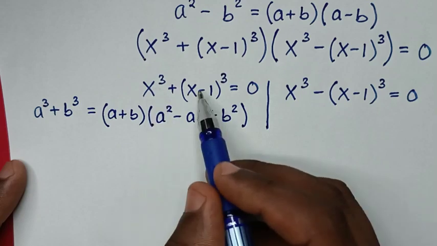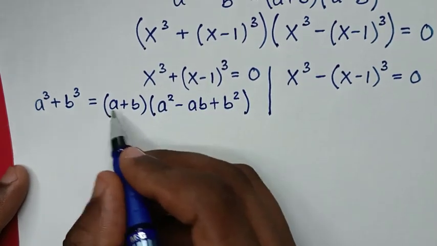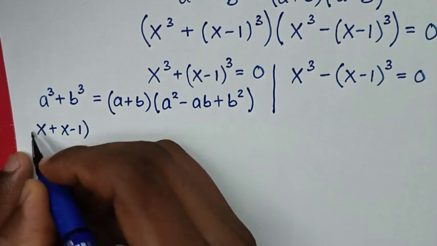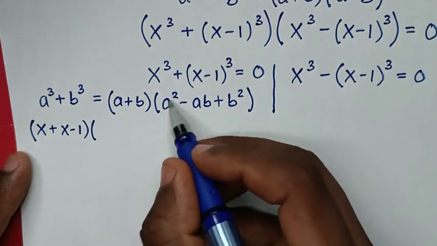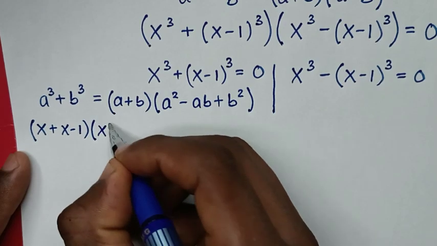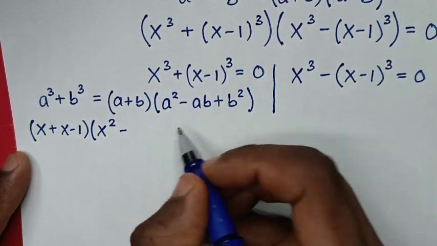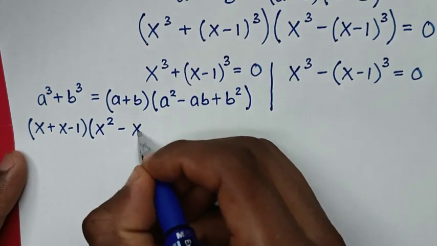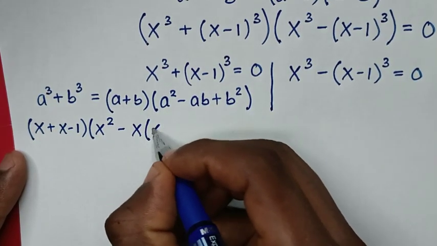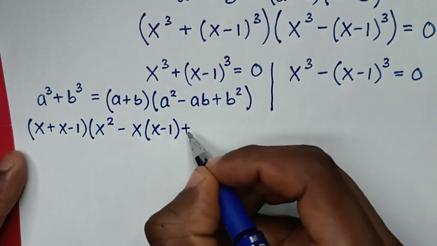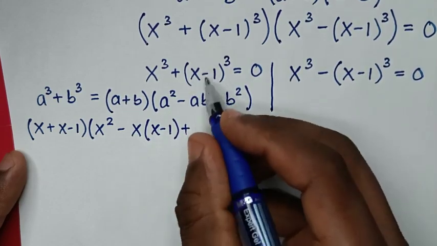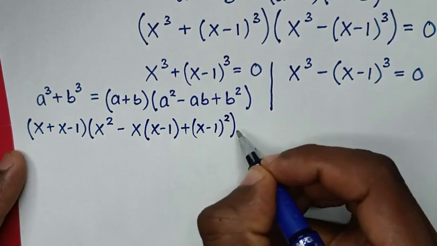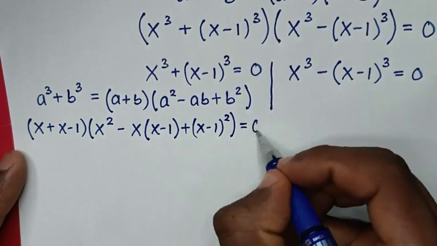It will be x + x - 1, times a square, which is x^2, then minus a times b, which is x(x - 1), plus b square, which is (x - 1)^2, is equal to 0.